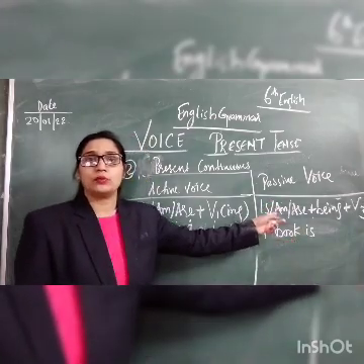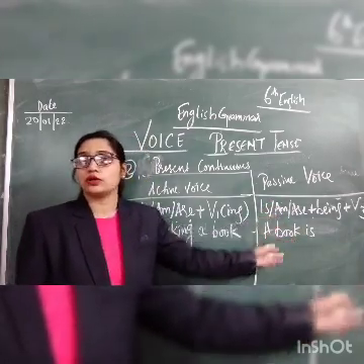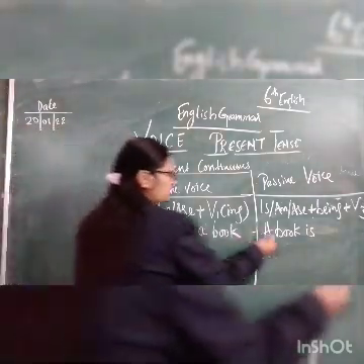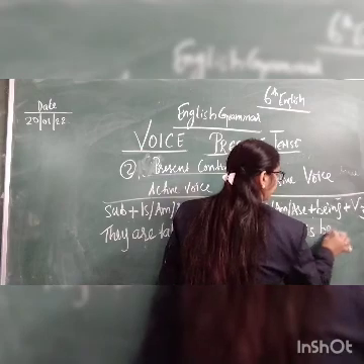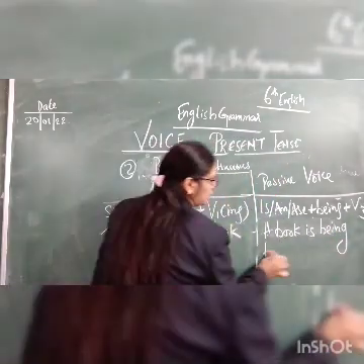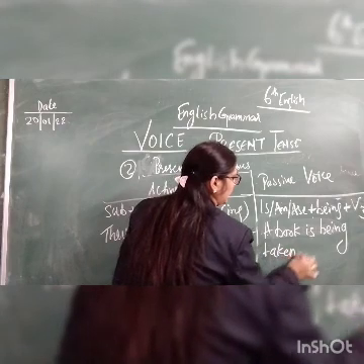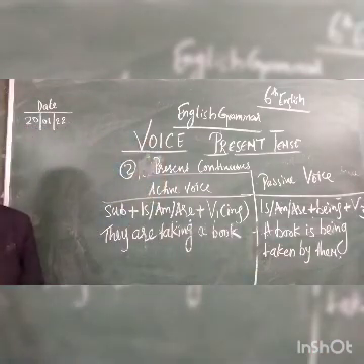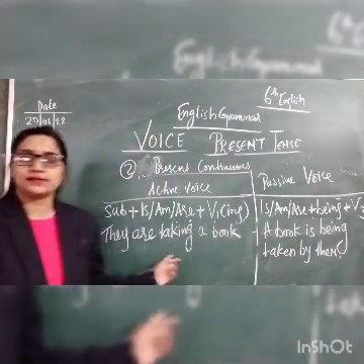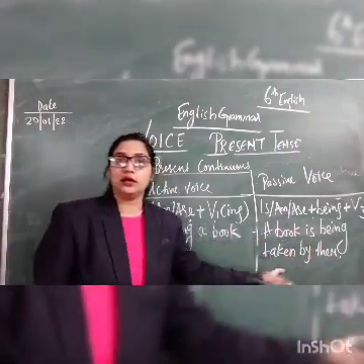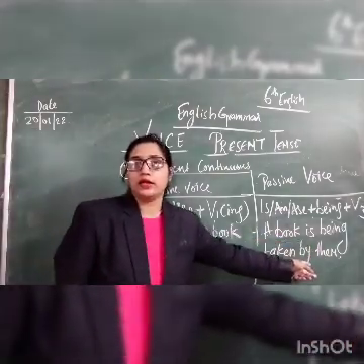So this is, am and are we have to choose according to the subject. A book is being. Take, third form is taken by they, them. So in passive form, this example will be a book is being taken by them.